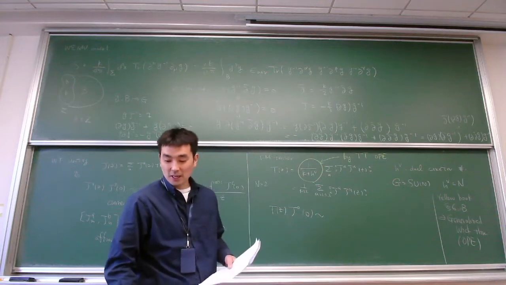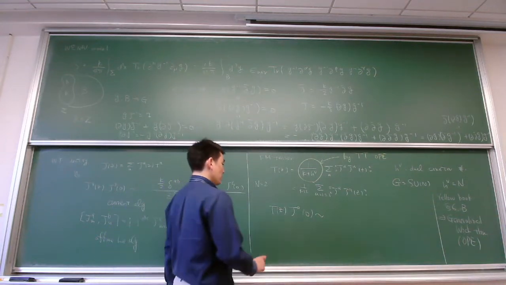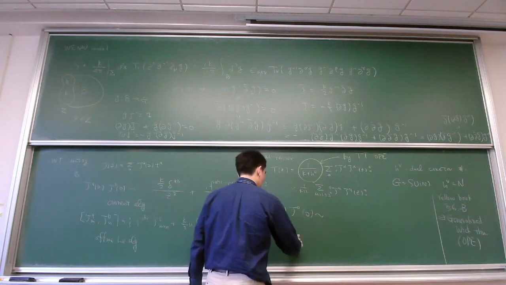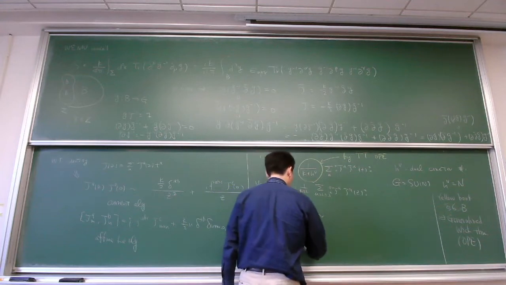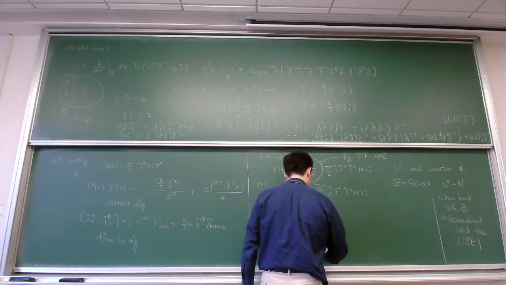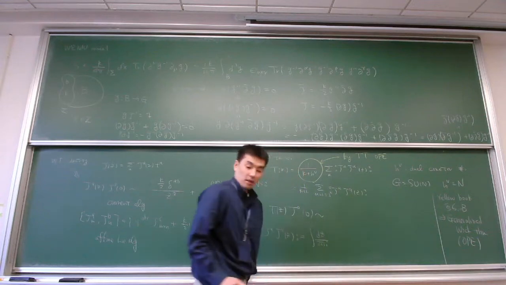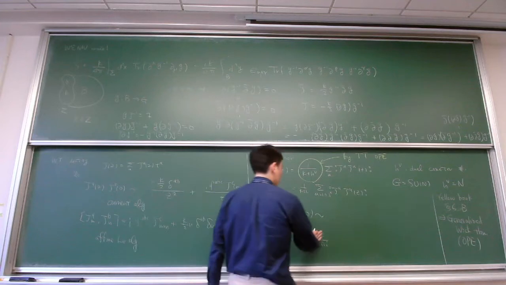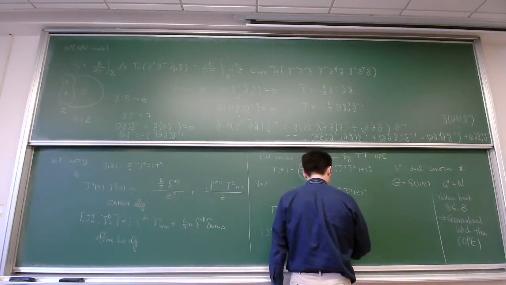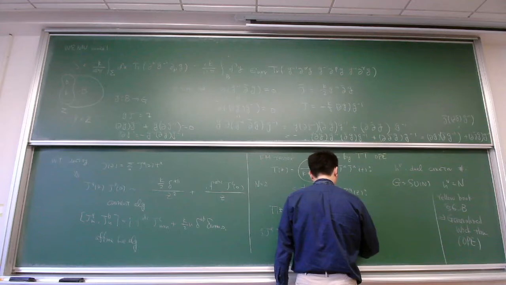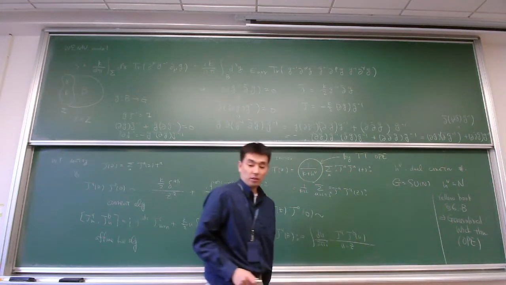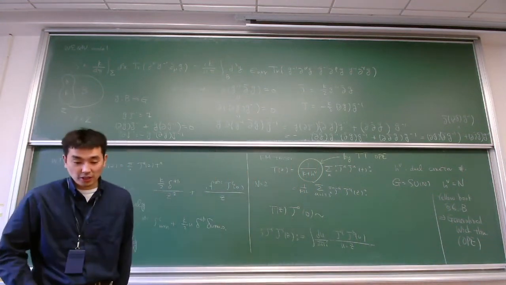More precisely, you have to use this expression: J^A(z) T(w) is equal to the sum over contour integrals of 1 over 2 pi i, with J^A, J^B and u. You have to use this expression to get the right answer.